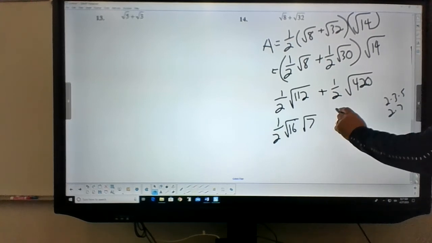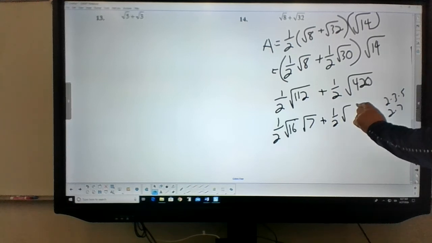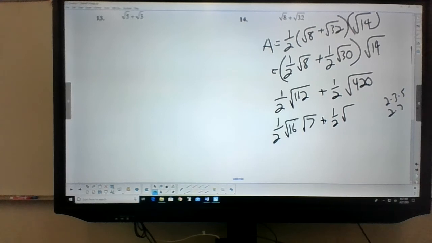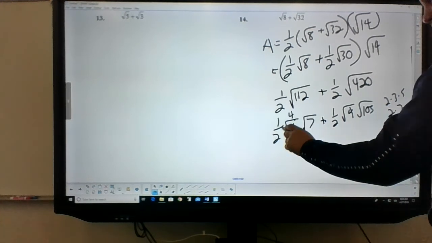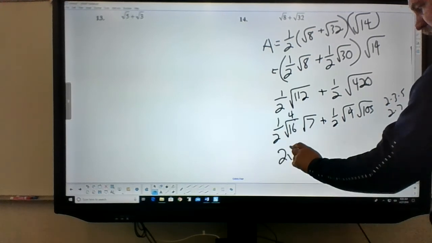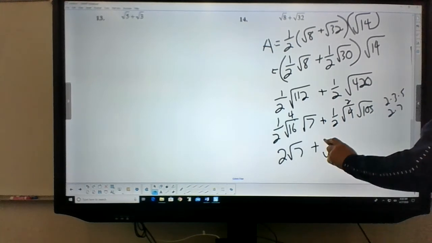So I believe we could only get a radical 4, so 420 divided by 4, radical 4, radical 105. Okay? So let's break it here. This is 4. 1/2 times 4 is 2, radical 7. This is 2. 1/2 times 2 is 1, so I don't even need it.